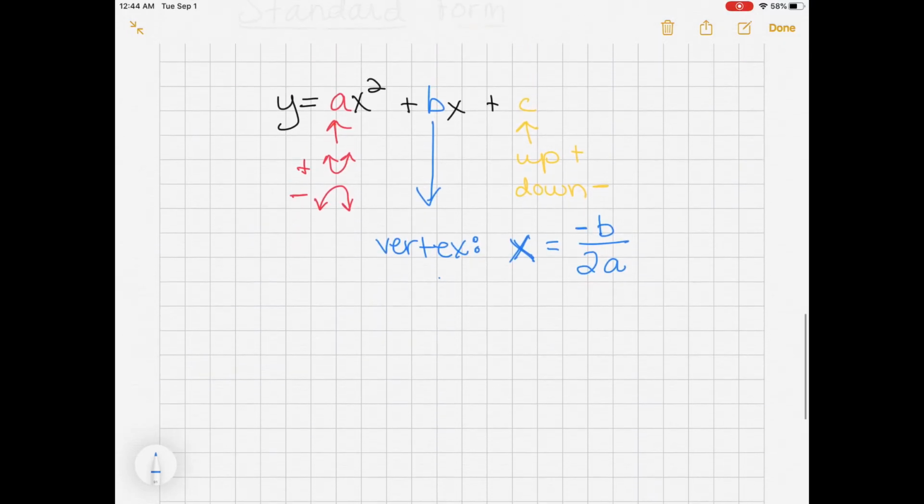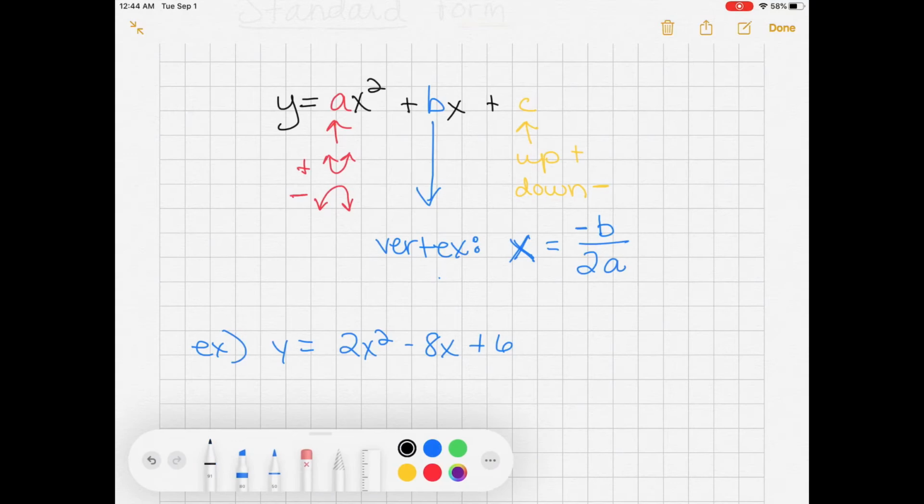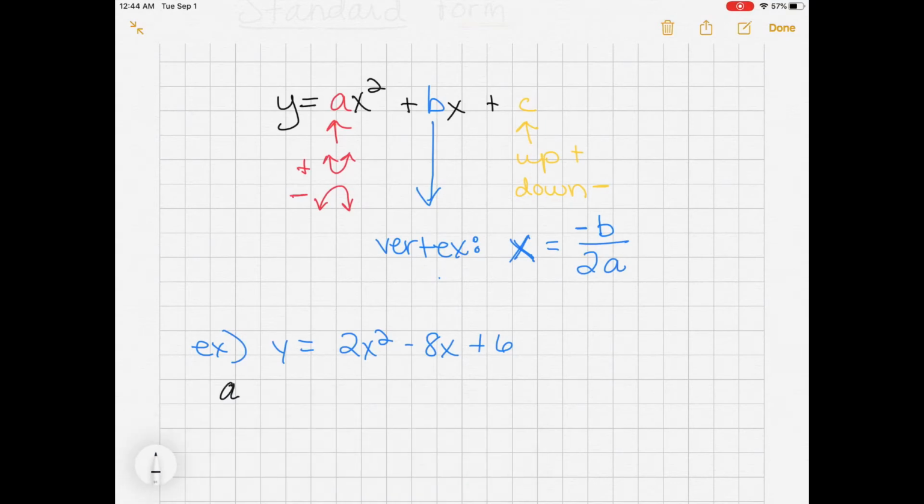So here we go. Let's say, for example, we've got y equals 2x squared minus 8x plus 6. So let's just make things easier on our eyes, and we're going to label a, b, c.